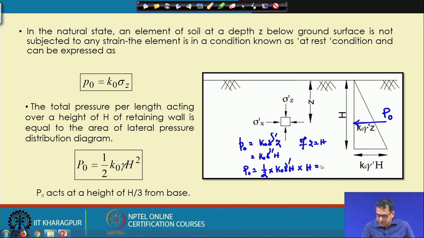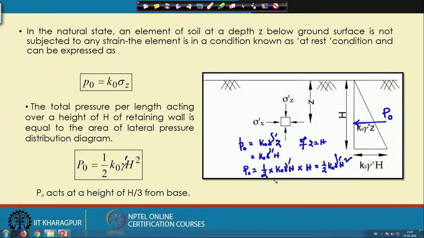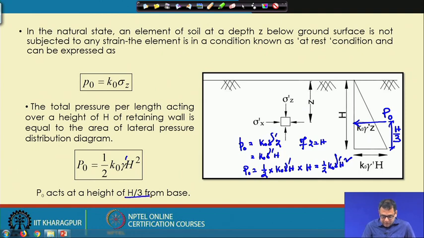Finally, we can write half k 0 gamma dash h square. Gamma means there is no water table, and gamma dash is in terms of effective stress, when we consider the water table effect. Remember that this P 0 acts at a height of h by 3 from the base of the wall, or the retaining structure.